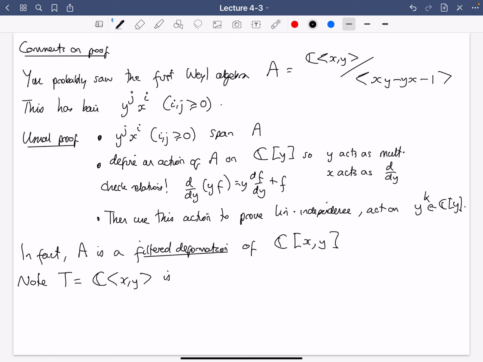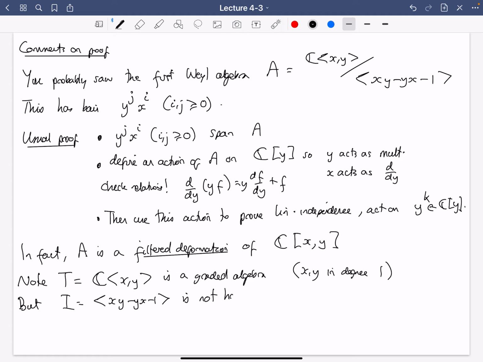So it's a graded algebra because the tensor algebra is a graded algebra. So x and y are in degree 1, and those generate this graded associative algebra. But the ideal I that we're factoring out, this ideal generated by xy minus yx minus 1, is not a homogeneous ideal, because it's got this mixture of degree 2, and look, this is actually degree 0 in here.